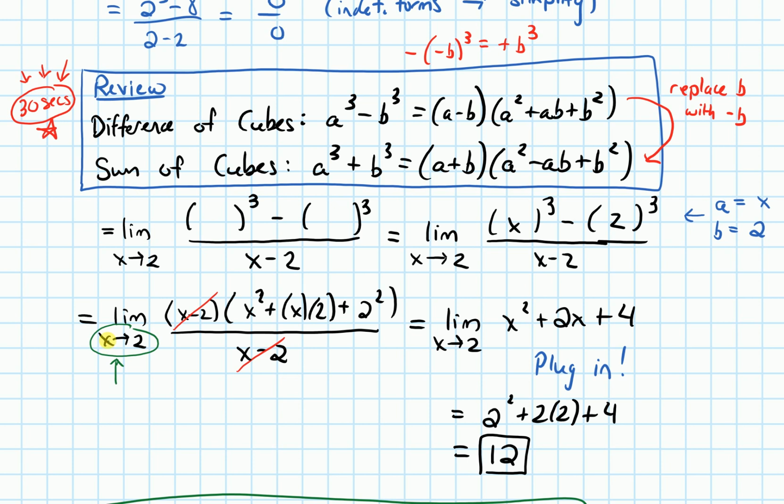So when it says that x is approaching 2, that means x is close to 2, but not equal to 2. In fact, let me just keep that in green. I like it better like that, I think. But not equal to 2.